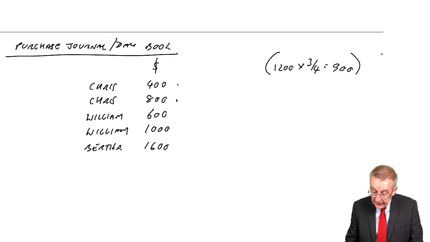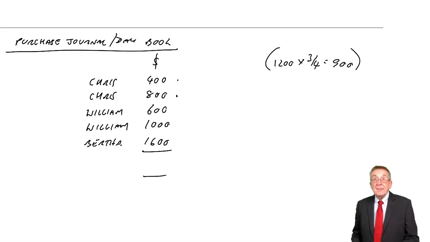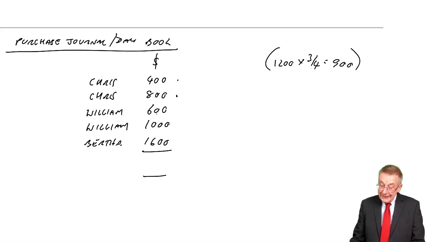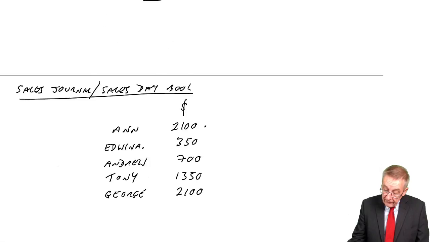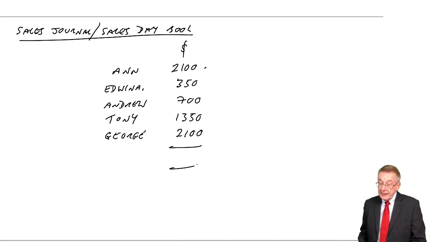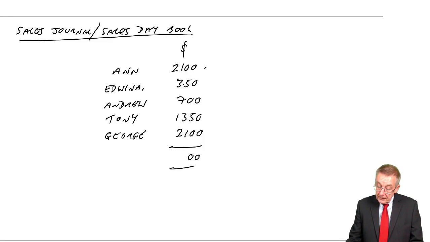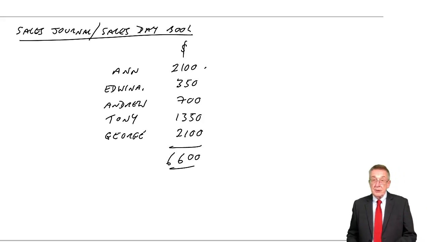What else? The purchase journal, purchase daybook, the purchases on credit. The total there is 12, 18, 24, 2,400. And the sales journal, the sales on credit, the total. 1, 2, 3, 6,600.